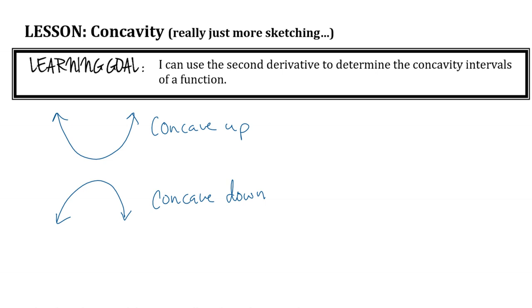So concave up, this is called the second derivative, which we haven't done yet, but I'm going to write this down now. When the second derivative is greater than 0, or positive. And concave down, our second derivative will be less than 0.